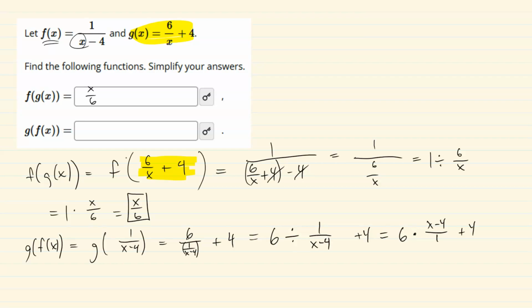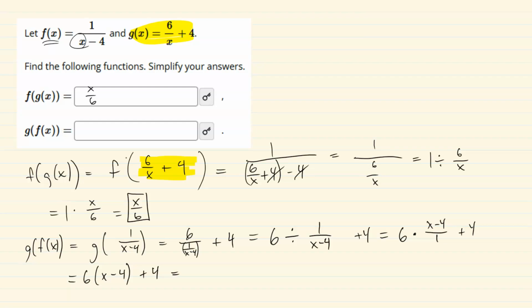Then we still have a plus 4 out in front. That divide by 1 isn't really doing anything, so it's really 6 multiplied by x minus 4. The 6 has to multiply by the entire x minus 4. Then we're going to add 4 to that at the end.